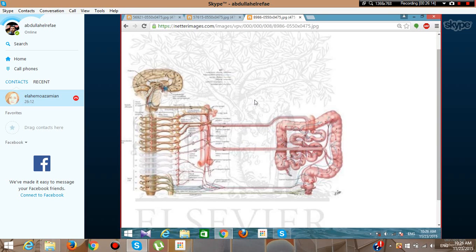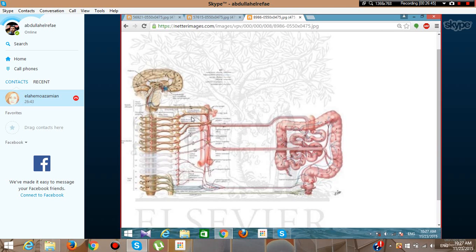Look here: greater, lesser, least. Very good. So greater splanchnic goes into celiac trunk, celiac ganglion. And then lesser splanchnic goes into superior mesenteric, and least goes into aorticorenal ganglion.